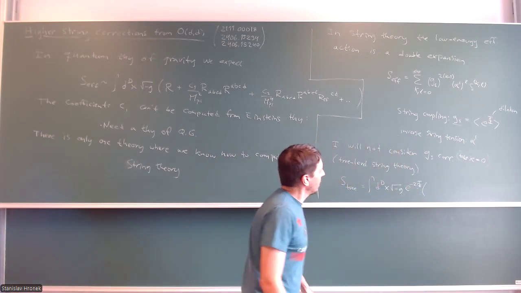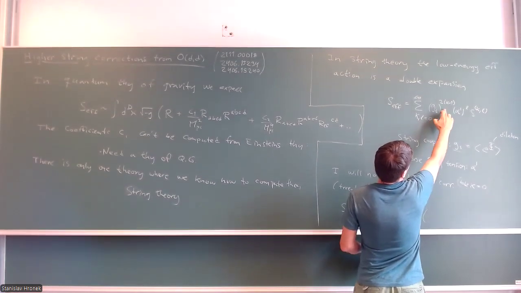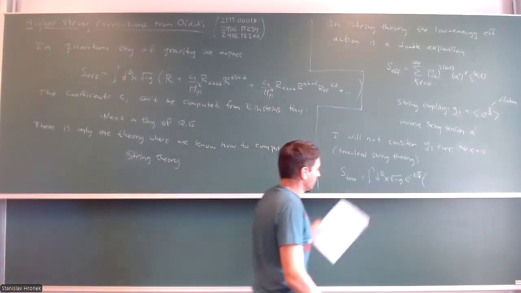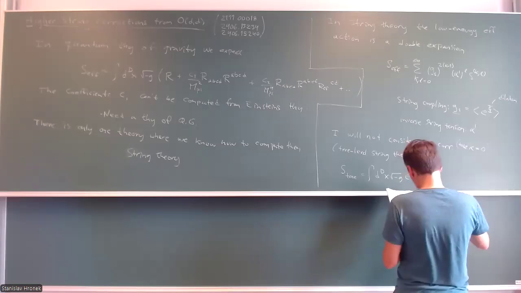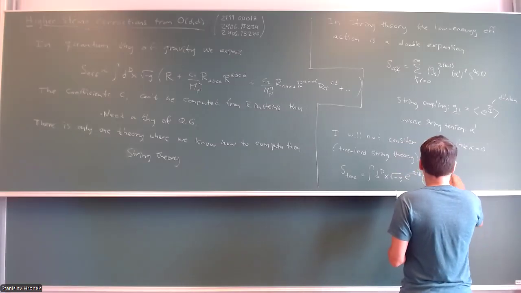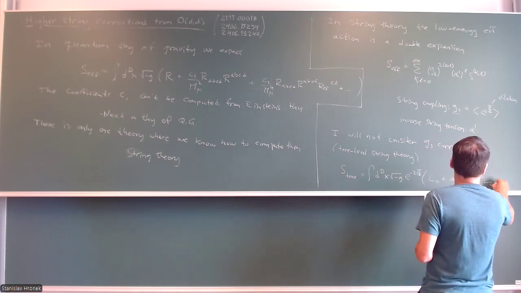There's an e to the minus 2 phi, which comes from the fact that if k equals 0 here, there's the contribution g_s to the minus 2. And then we have the expansion in alpha prime. We can write this as L0 plus alpha prime L1 plus alpha prime squared L2.